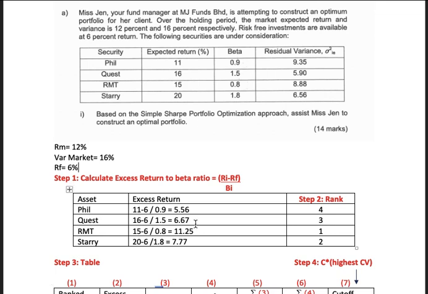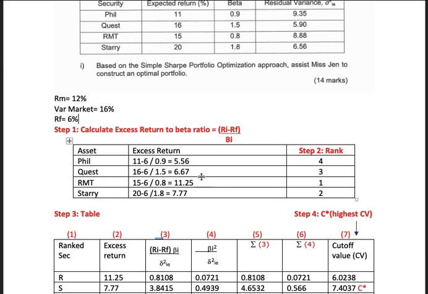And then continue until the end for Field, Quest, RMT and Starry. Make sure you try this question. Try to do it and then you will get the answer. The excess return for Field is 5.56, Quest 6.67, RMT 11.25 and Starry 7.77. So we are settled with step number 1.